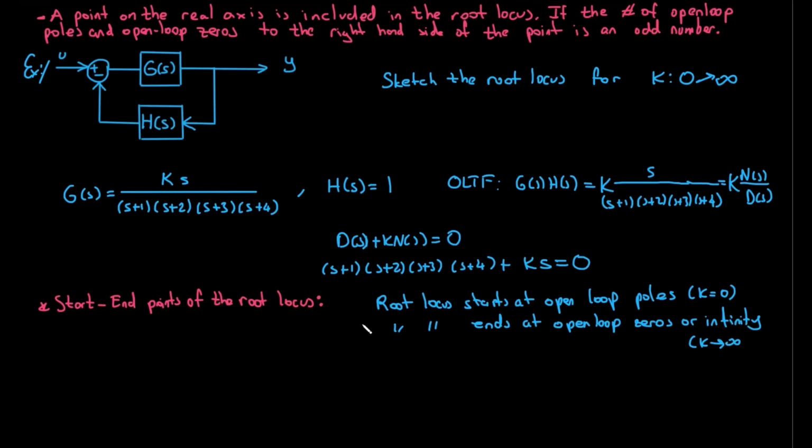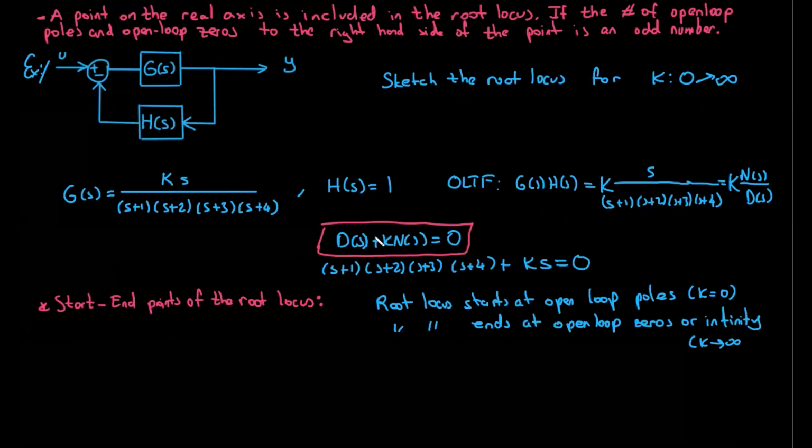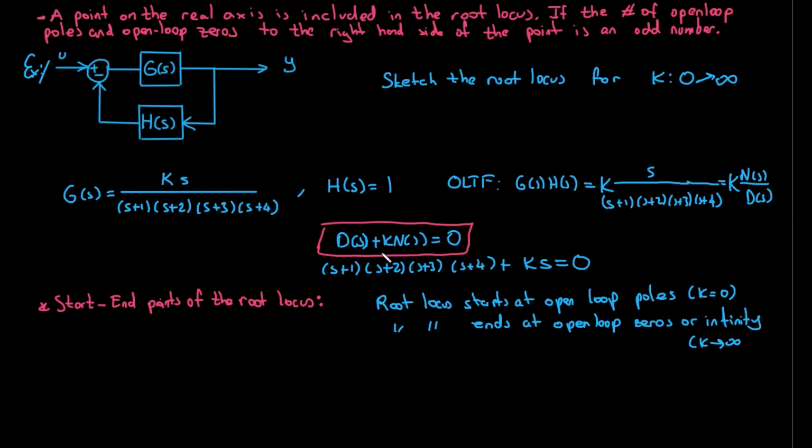So why does the root locus start from the open loop poles? Remember that given N(s) and D(s), we are trying to find the solution to the equation D(s) + K N(s) = 0. This gives me the closed pole locations. When K is equal to 0, the equation is D(s) = 0, which is the equation for the open loop poles.